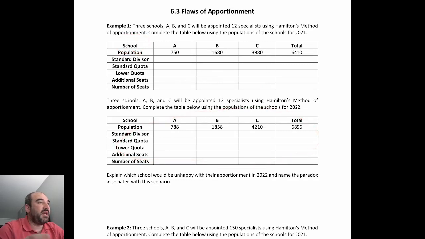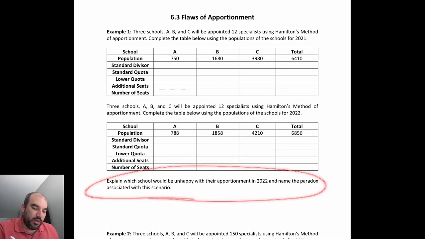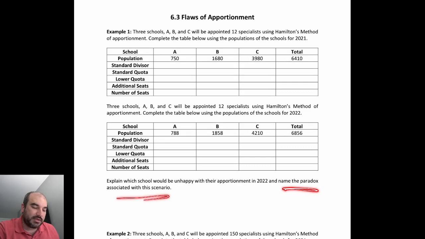And then from the tables, from what happened, whether the population increased or the seats increased, you're going to figure out which one of the 3 paradoxes did occur here, or maybe none of them did. Maybe it looks like it could have been the Alabama paradox, but it didn't actually happen. So you're tasked with identifying which school would be unhappy at the end of the situation, and then naming the paradox associated with this example scenario.